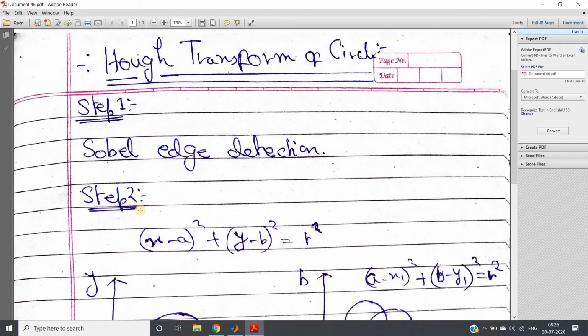Now in step 2, recall our previous straight line algorithm. We took the equation of a straight line y equals mx plus c, and created an MC plane, and tried to find for which values of m and c the maximum number of straight lines intersect.